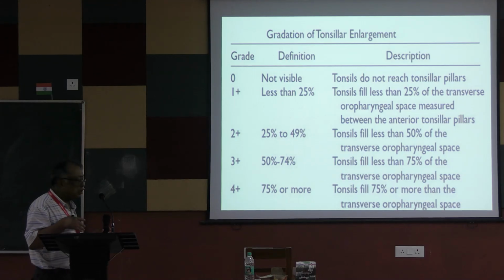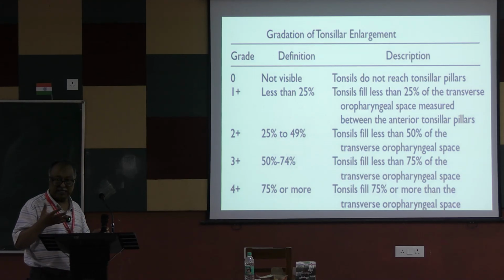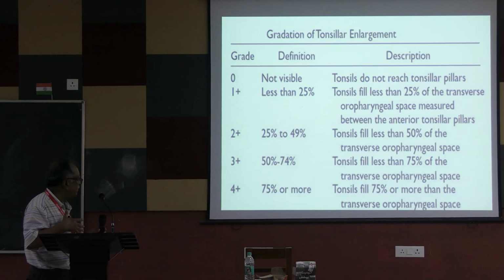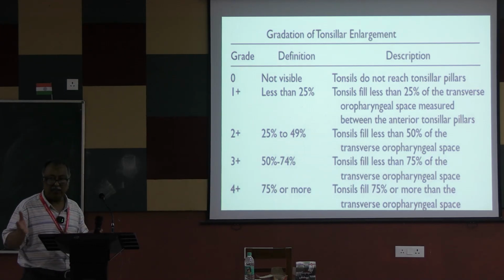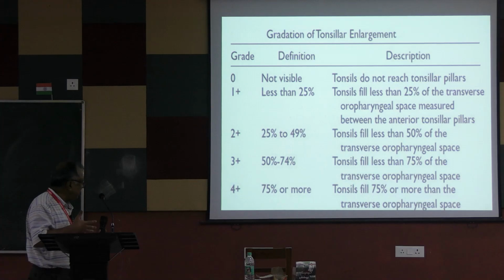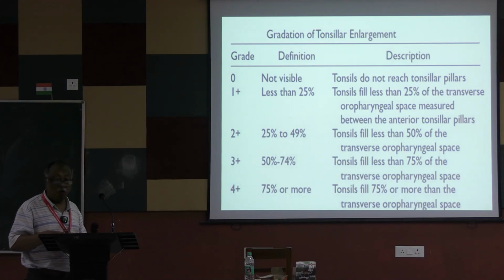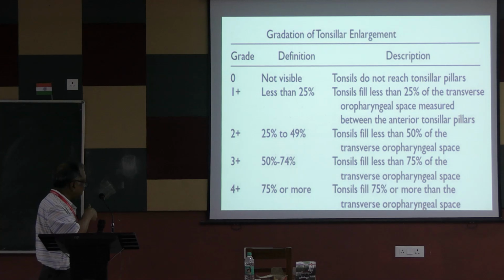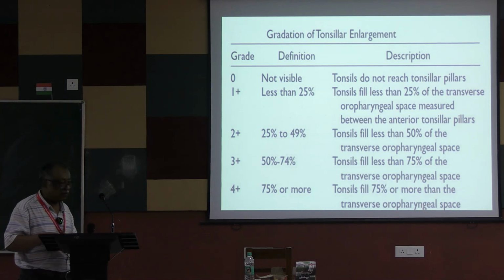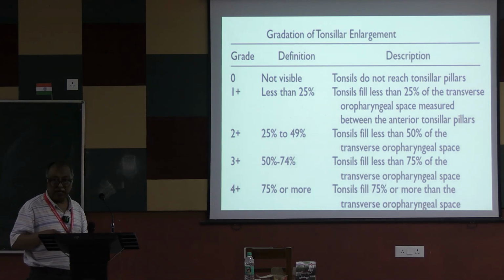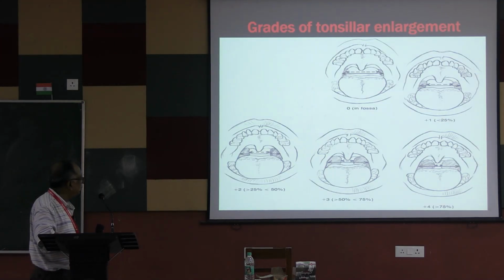When it is 25 to 50%, it will be grade 2; 50 to 75%, it is grade 3; and more than 75%, it is grade 4. And in grade 3 and grade 4, sometimes we call it a kissing tonsil, and it causes dysphagia or difficulty in swallowing. And this picture is not good enough.